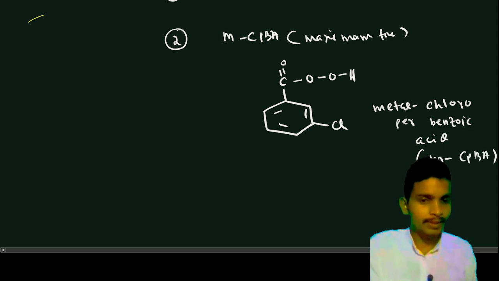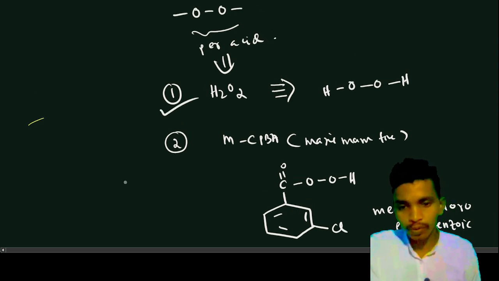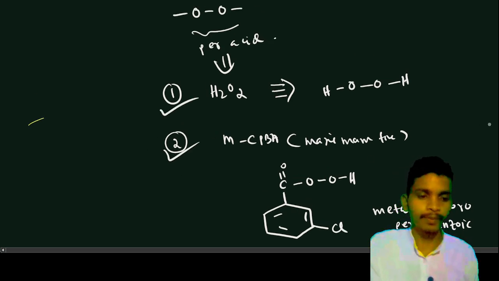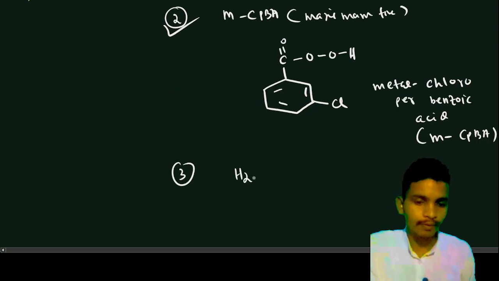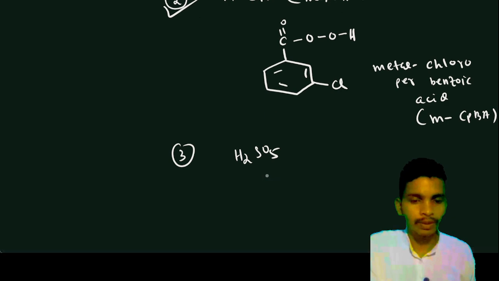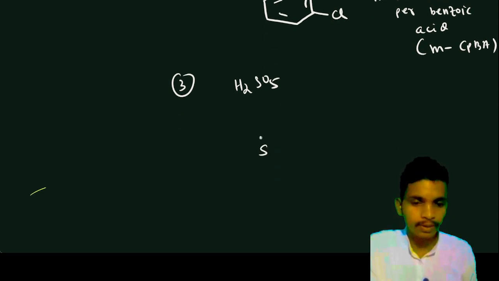So the reagents can be H2O2, meta-CPBA, or H2SO5. How is it? It has S double bond O, here OH, and here we have the perbenzoic, meaning OH.